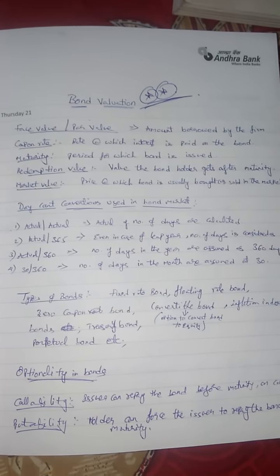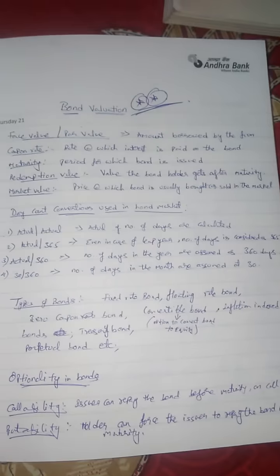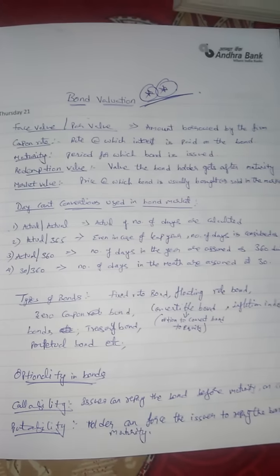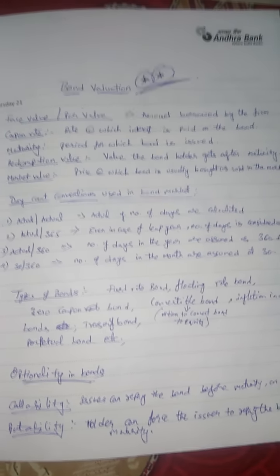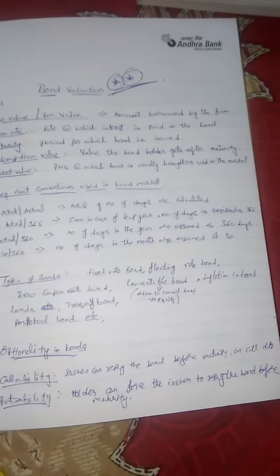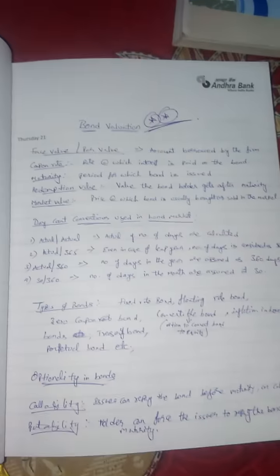Redemption value is the value which a bondholder gets after maturity. So if I am buying a bond of 100 rupees for a period of 3 years, then whatever amount I get at the end of 3 years is my redemption value. Then market value. Market value is the price at which a bond is usually bought.